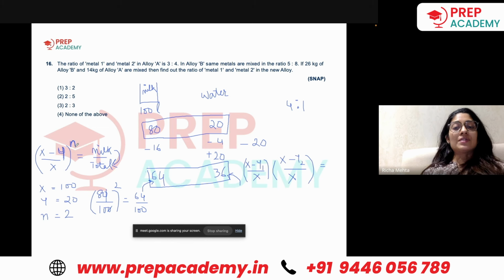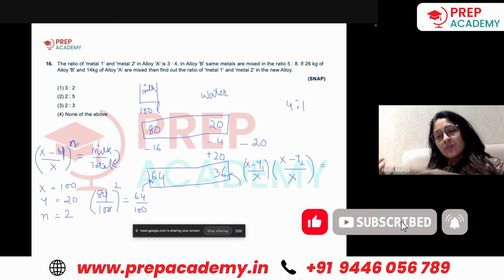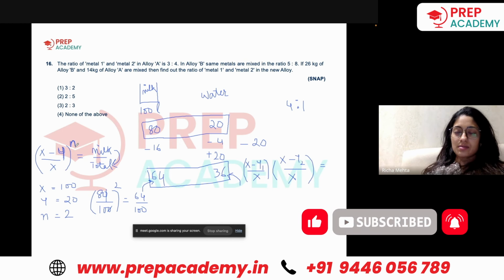But let's say in the first cycle I'm removing 20 liters, in the second cycle 30 liters, in the third cycle 40 liters. Then my y1, y2, y3 become 20, 30, 40 respectively. Whatever quantity is removed, the same is replaced.